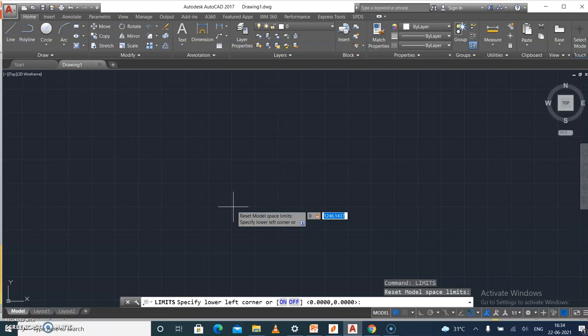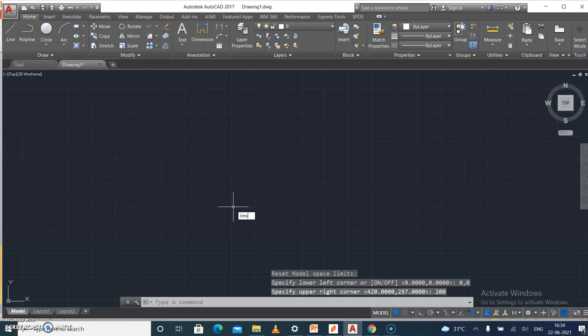Specify the lower left corner of the UCS. So UCS means user coordinate system. 0, 0, enter. Then the upper right corner. I have to decide it: 200, 200.